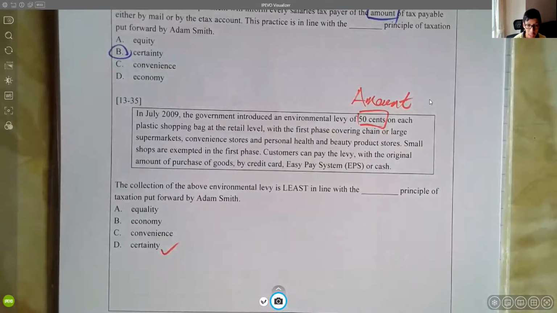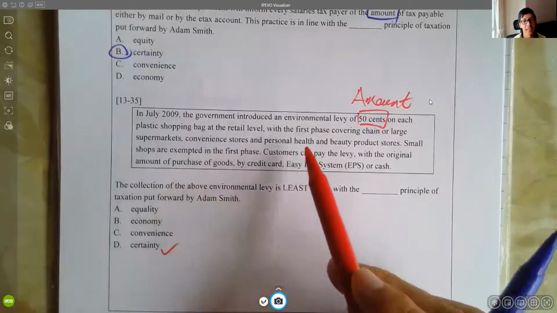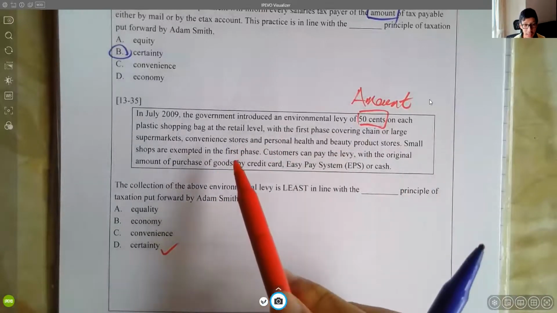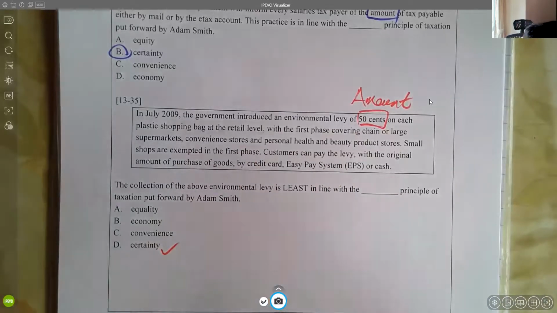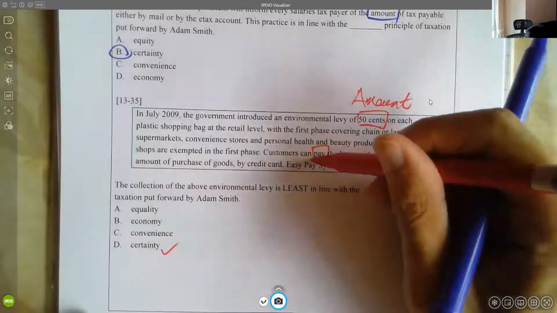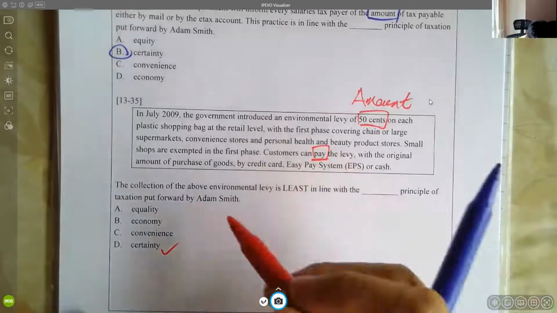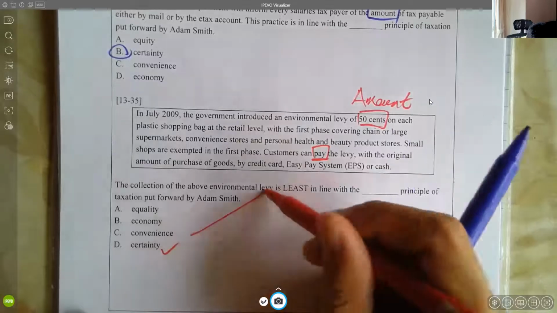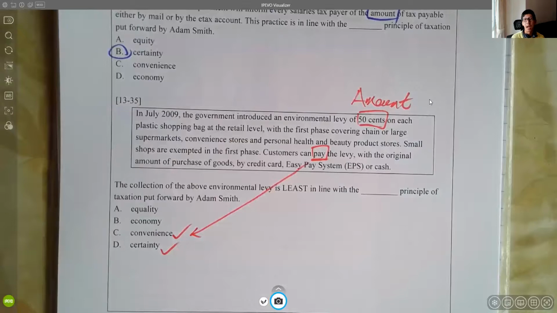With the first phase covering chain stores and so on, small shops are exempt, that's not relevant. Customers can pay. When you see the word pay, payment, it obviously has to do with convenience.